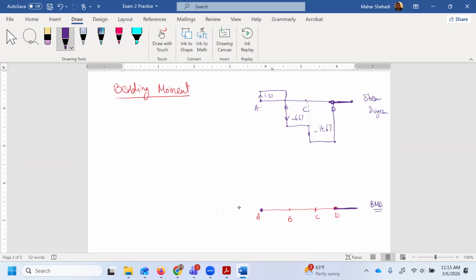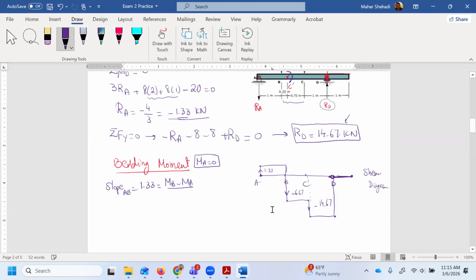So let's start from the left. Slope for AB. So section AB, the slope, it's the shear, it's plus 1.33. First, we already said MA is 0, so that's my starting point. Now, what's the slope from A to B? It's Y2 minus Y1, so MB minus MA divided by 1 meter, that's the X2 minus X1, XB minus XA, so it's 1 meter.